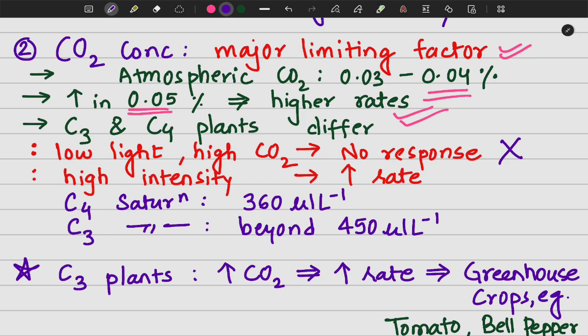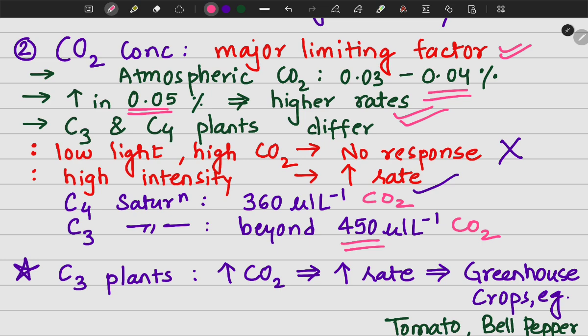But if we increase the intensity of the light along with the concentration of carbon dioxide, then the rate of photosynthesis also starts to increase. Now, the C3 and C4 plants attain their saturation at different levels. For C4 plants, the saturation occurs at 360 microliter per liter of carbon dioxide. Whereas in case of C3 plants, their saturation occurs beyond 450 microliter per liter of atmospheric carbon dioxide.